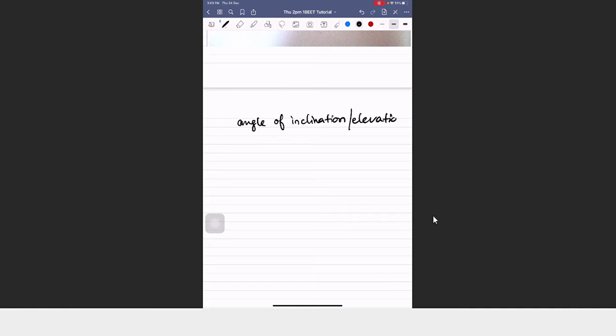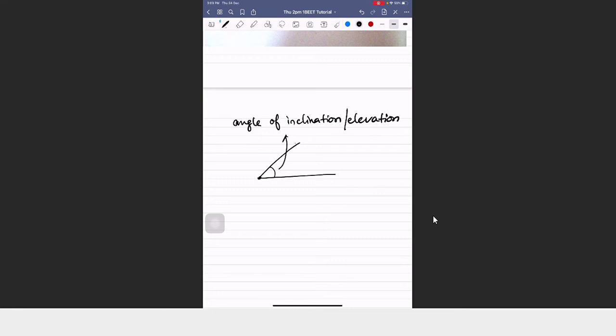Whether it's inclination or elevation, basically you are looking at the angle from the ground or horizontal line, and from a point you are looking to the top. So this is what we call angle of inclination, or elevation.